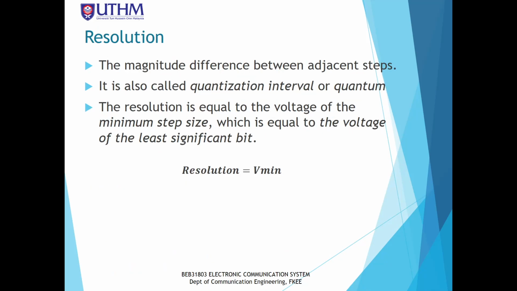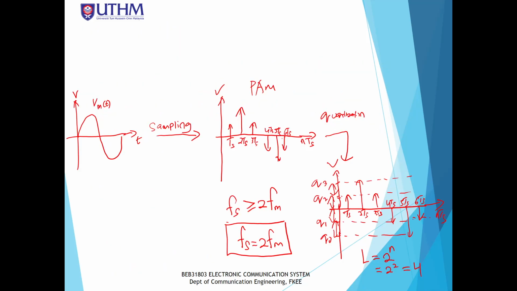Resolution is Vmin, the distance between the steps, the ladder size. In my example, I'm using uniform quantization, which means each level has the same distance. You might see later that in the real world, we might also use non-uniform quantization where each level is different. That one you might see later.